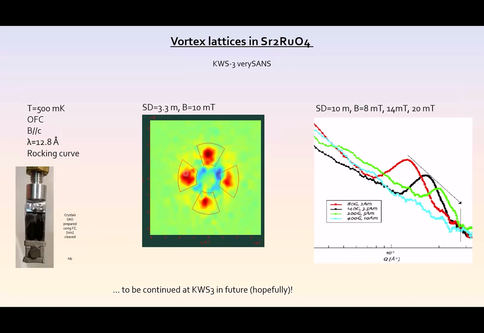But when we wanted to measure the dependence of intensity on field, we could measure just one spot because we come very, very close to the beam stop. And unfortunately, this reactor is now not in operation, so we are waiting. It will operate again.